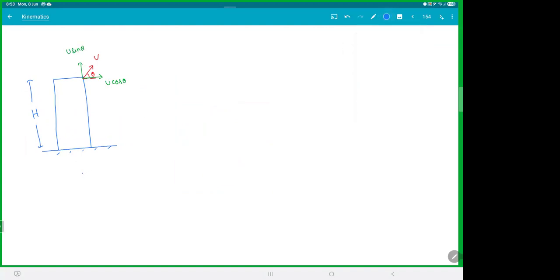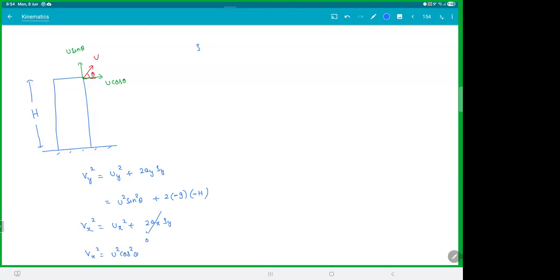So when you land on the ground, if I do Vy square is equal to Uy square plus 2 Ay Sy, Uy is u square sine square theta. Ay is minus g, it is pointing down. Displacement is also minus h. And we know Vx square is Ux square plus 2 Ax Sx. We know this term is 0. So Vx square is u square cos square theta.